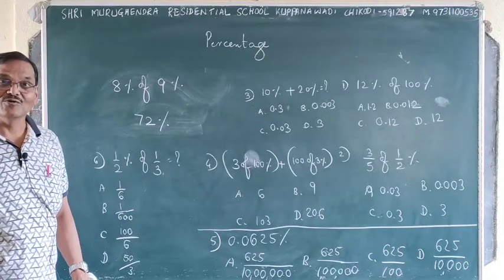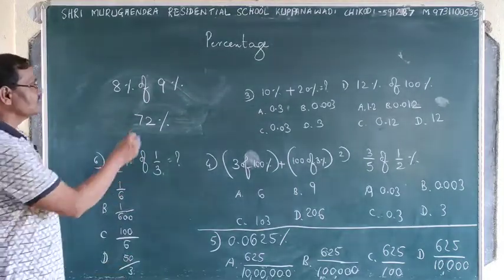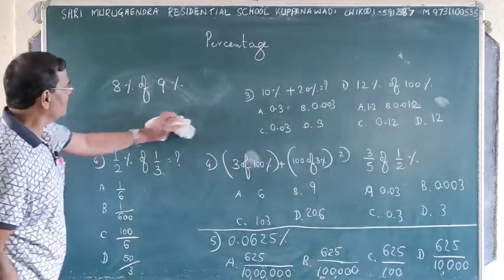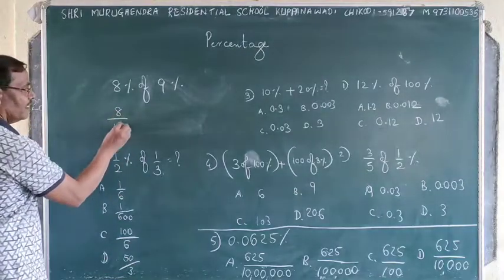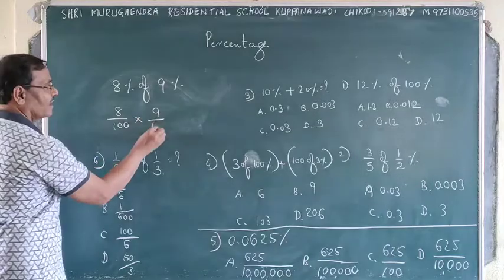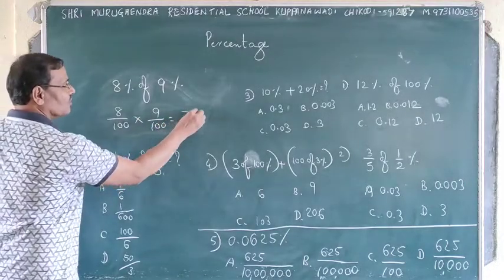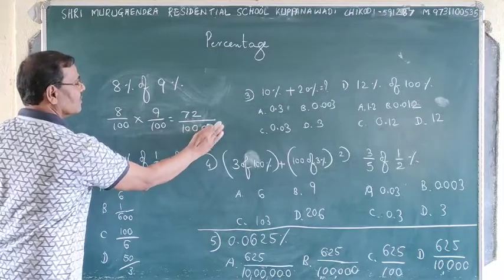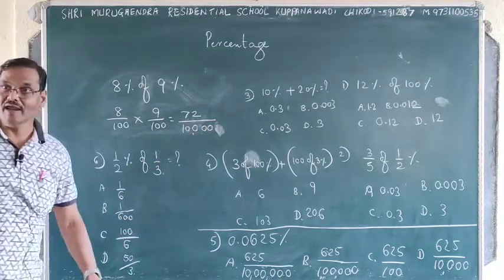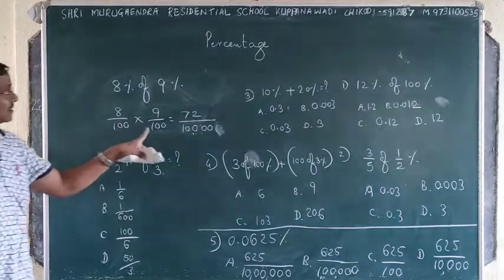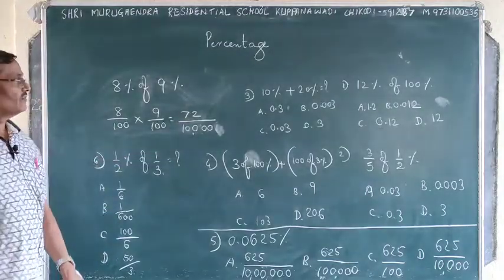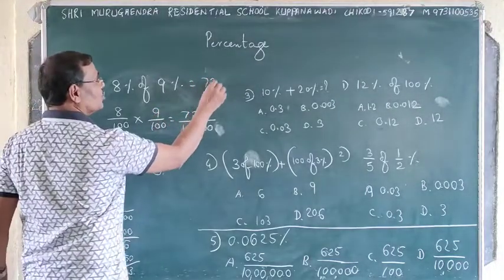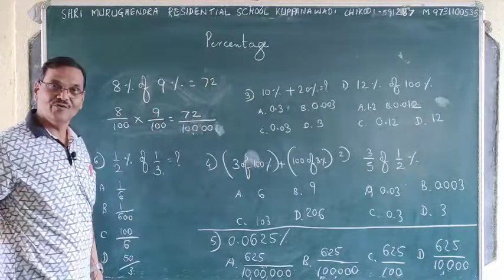Then how you have to do is, see, this is 8/100 into 9/100, it is. So 72/10,000, it is. Then 8 9s are 72, percentage square you can't do.